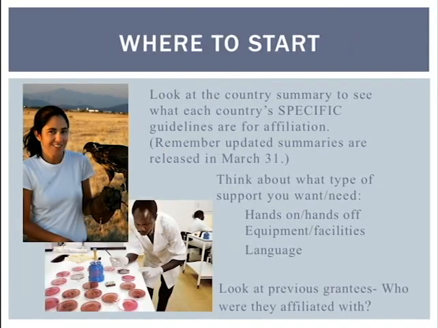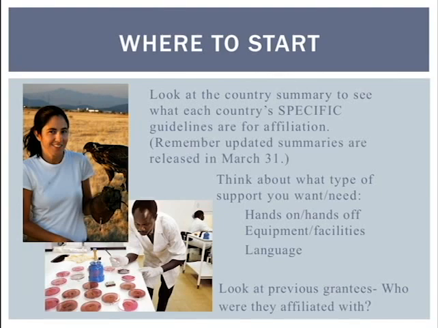So how do you start? Where do you start in getting your affiliation? The first thing you should do is look at the country summary for the country you're applying to, to see what each country's specific guidelines are for the affiliation. Each one might be a little bit different.